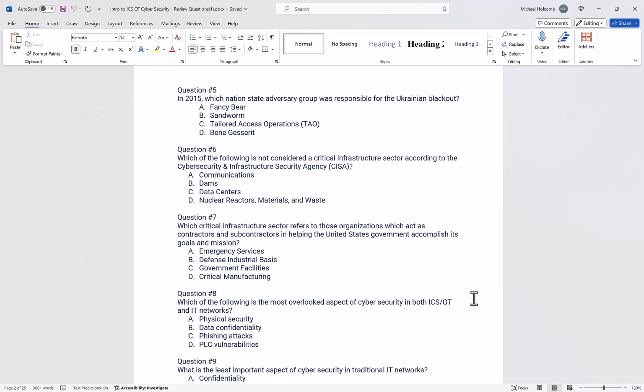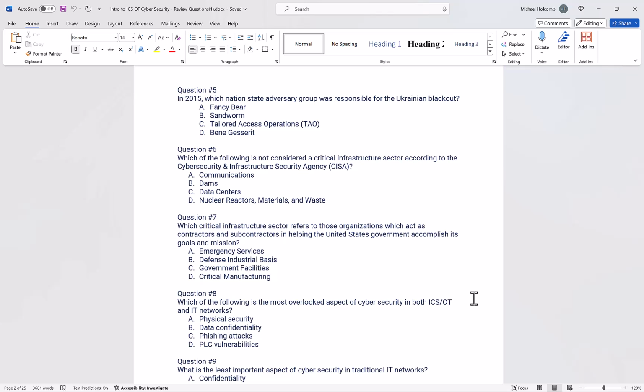Question 7. Which critical infrastructure sector refers to those organizations which act as contractors and subcontractors in helping the United States government accomplish its goals and mission? For me, I think this is one of the more fascinating ones, and maybe I'm a little biased because at my day job at Fluor, about 10-15% of the company is dedicated to supporting the United States government, and we do a lot of intel and military work.